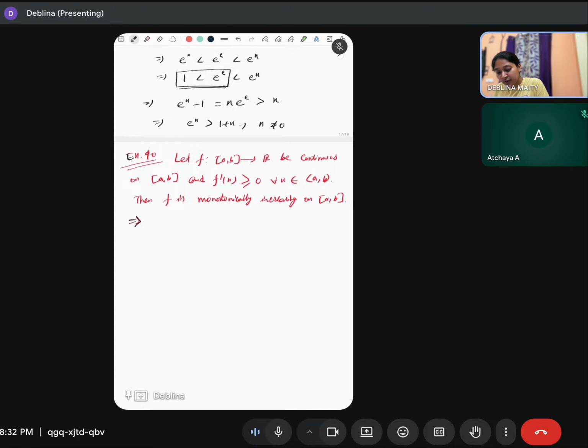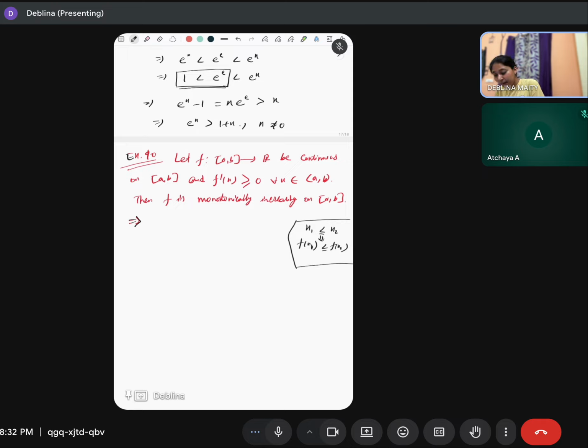If we take any two numbers x1, x2, suppose x1 less than x2, then it will imply f of x1 less than f of x2, right? Oh, sorry, this is monotonically increasing, not strictly. So this is the meaning of a monotonically increasing function.